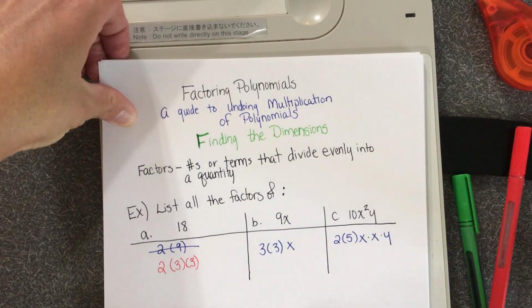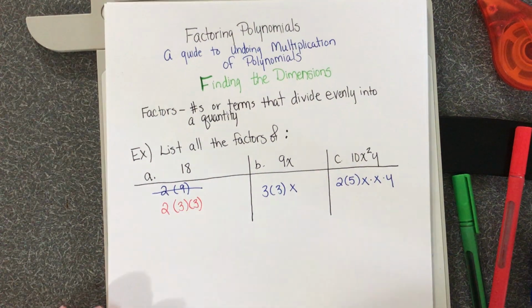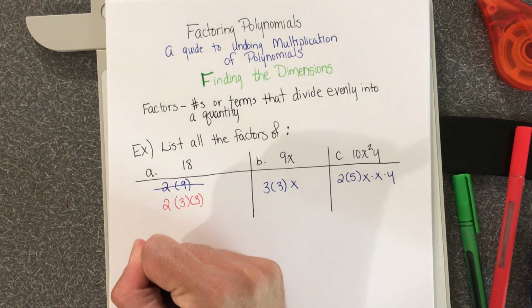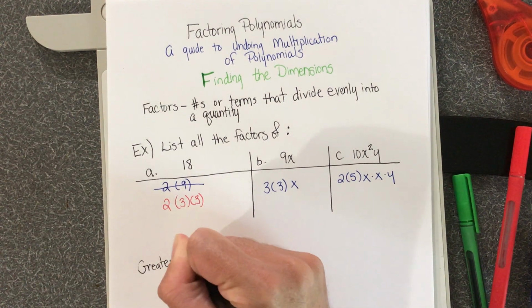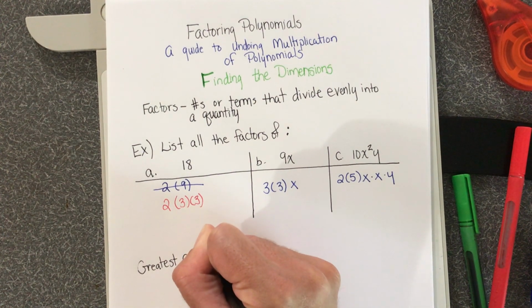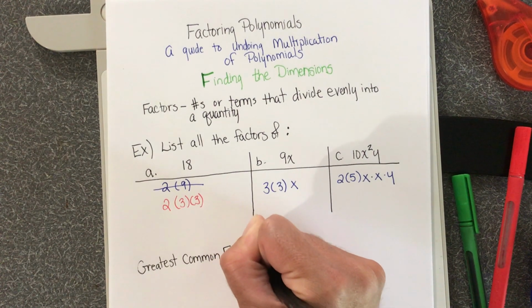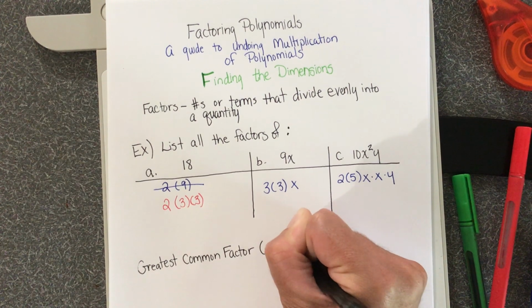So how is this related to what we're going to be getting into? Well, another vocabulary word that we have to talk about is what we call greatest common factor, or GCF for short.